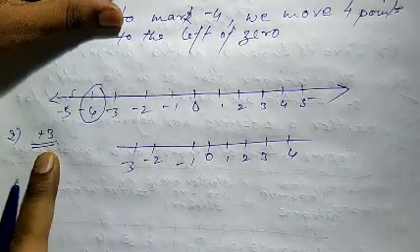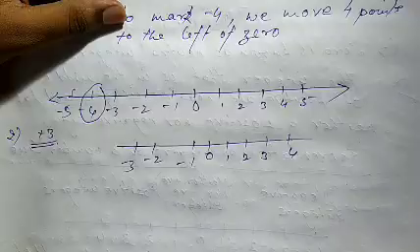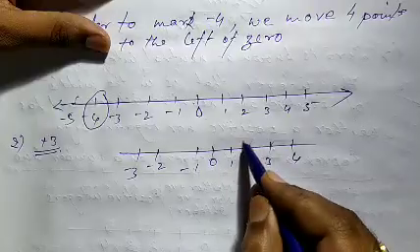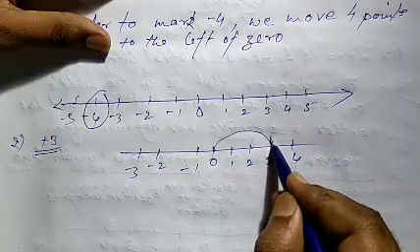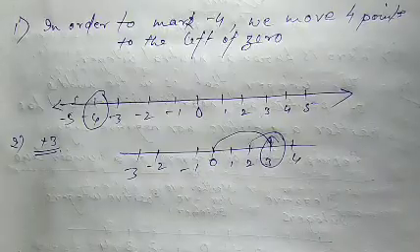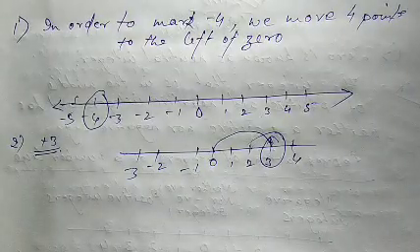So we move 3 points to the right of 0: 1, 2, 3. So this is 3.